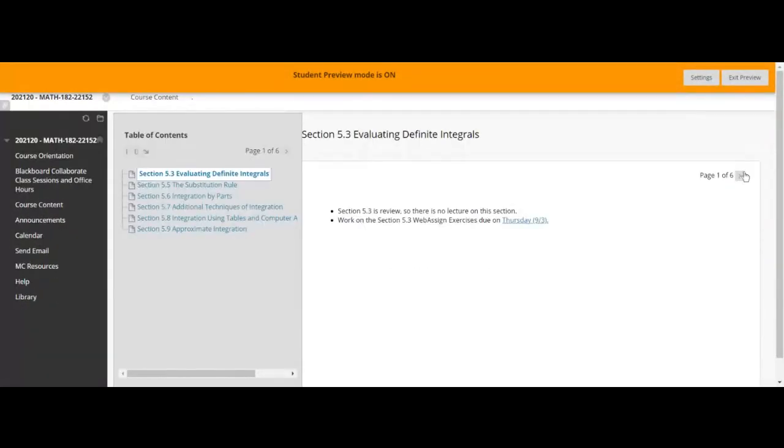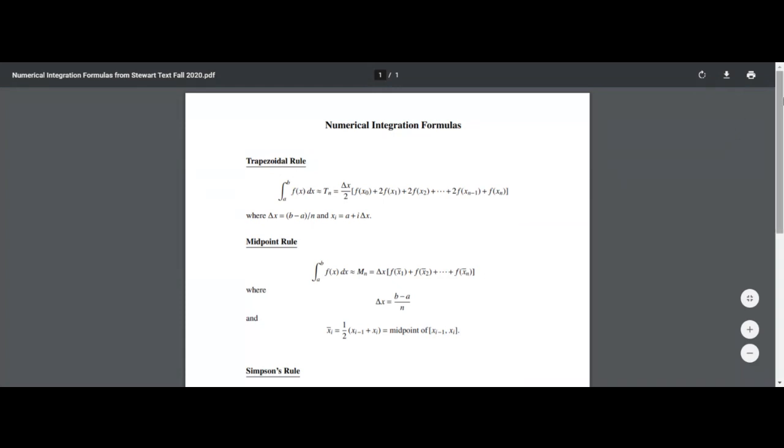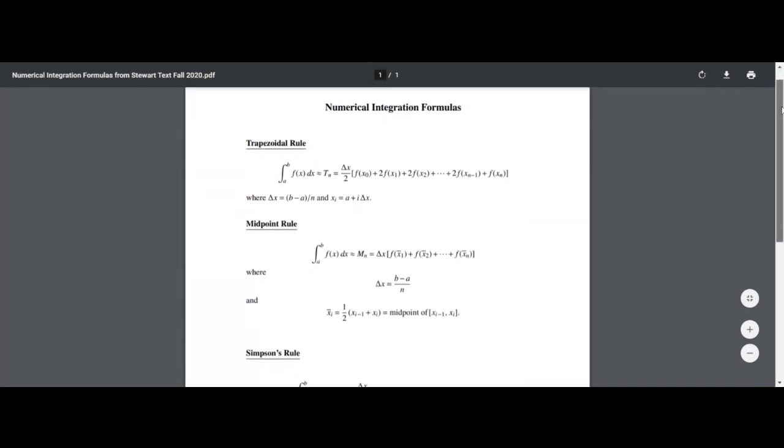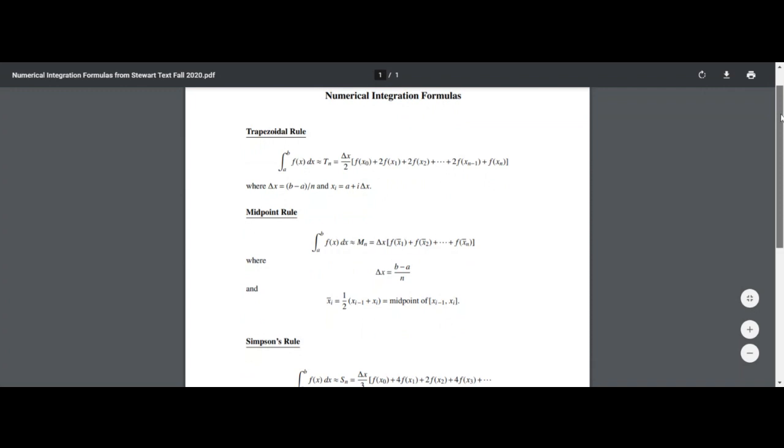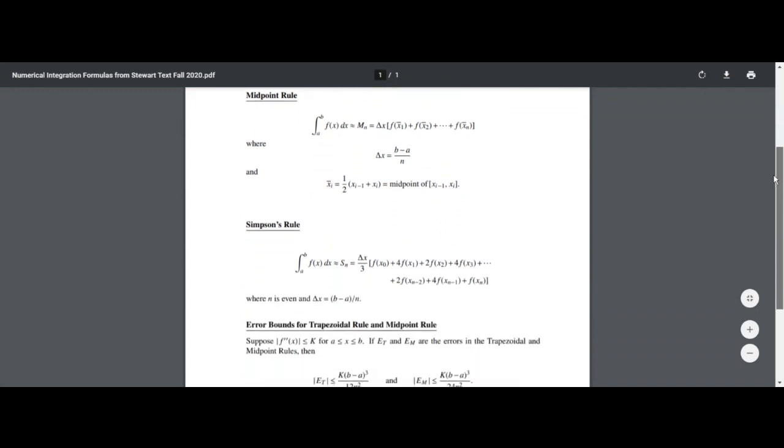So under integrals, if we click on integrals, approximate integration section 5.9, and of course I don't have the lecture posted yet, but numerical integration formula, click on that, and that's the formula sheet. This formula sheet I made up to include all the required formulas you would need to do section 5.9, and you can download that.